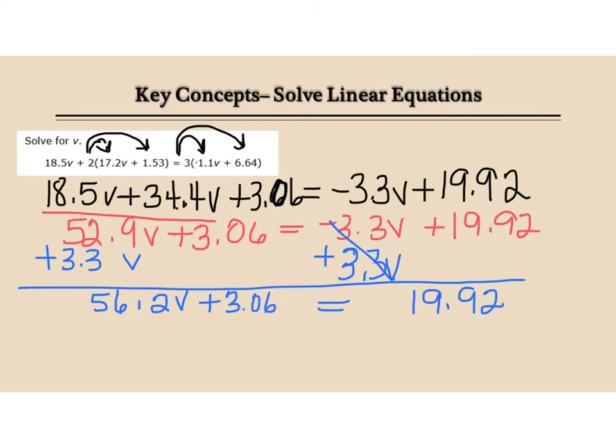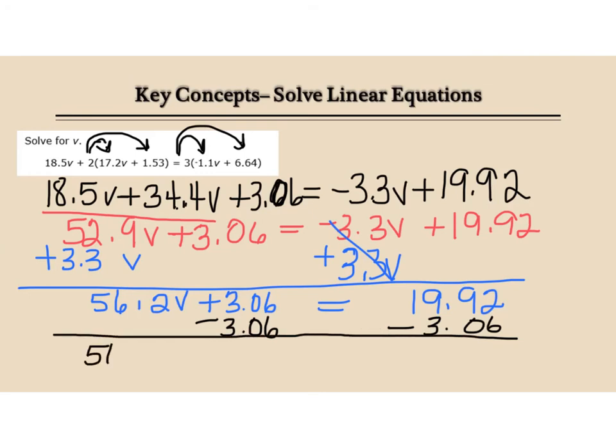Now I need to get rid of the positive 3.06. I use the inverse operation. I subtract it from both sides, which leaves me 56.2v equals 16.86. The final step is to divide both sides by 56.2.